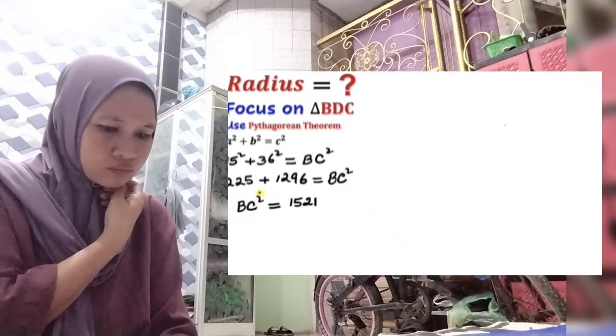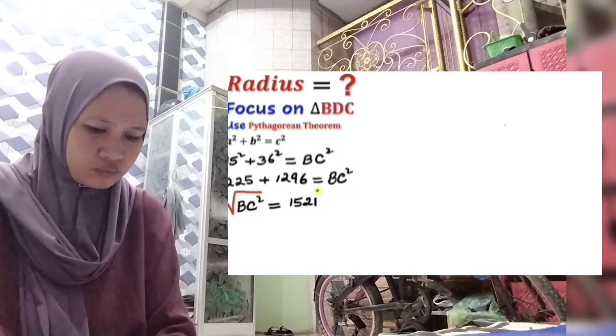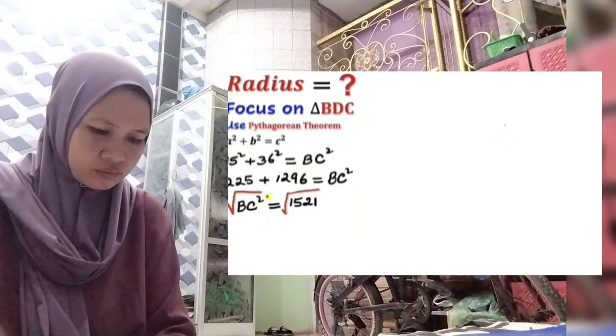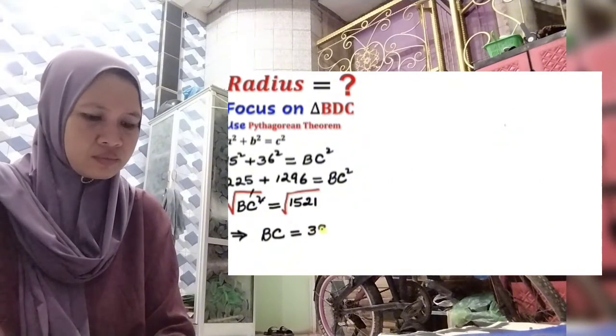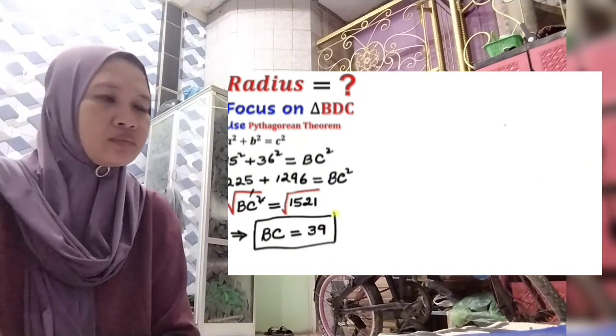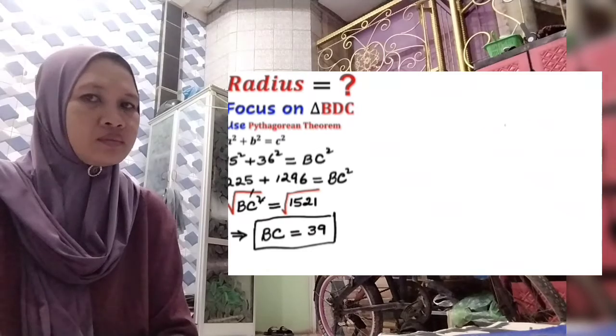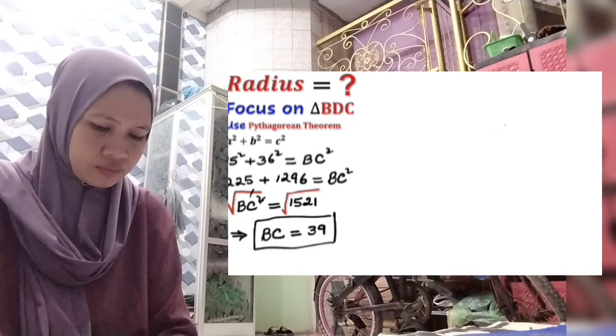And now I'm going to take the square root on both sides to undo this square. So therefore we can see this square and square root is gone. So therefore our this hypotenuse BC segment length turns out to be equal to 39 units. So thus our this chord BC length turns out to be 39 units.